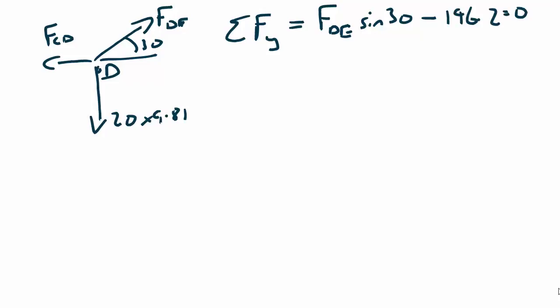That all equals 0. So I can then rearrange that to find FDE. So FDE is 196.2 divided by sine 30, which is 392.